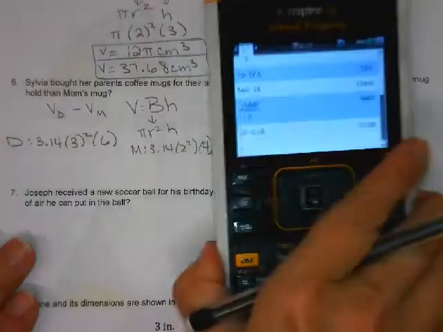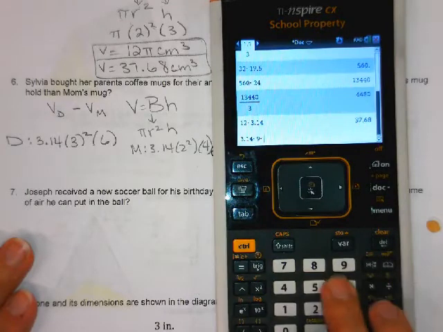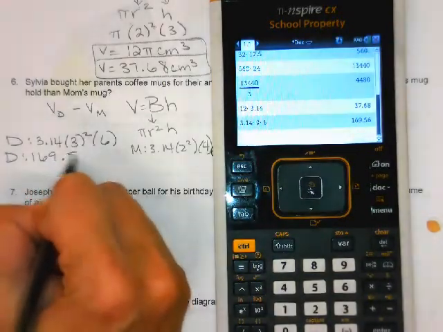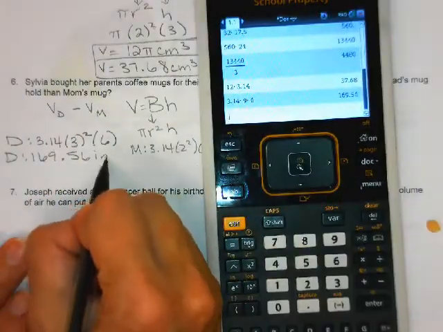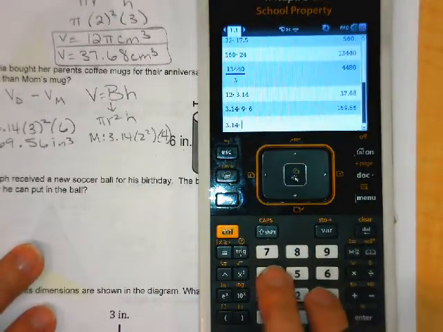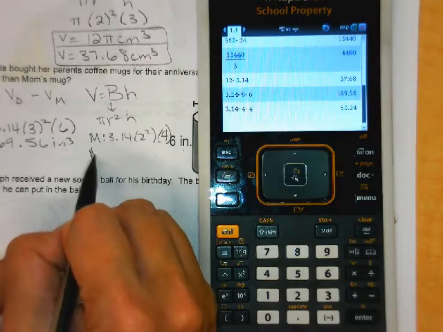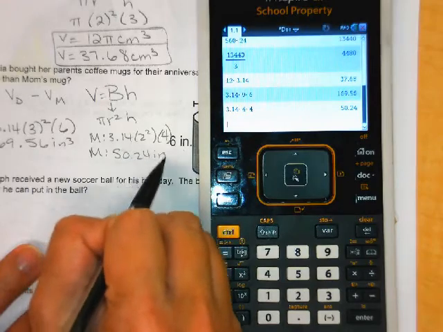So we can go over here. 3.14 times 3 squared is 9 times 6. So Dad is 169.56, and our units were inches cubed. Mom, 3.14, 2 squared is 4 times 4 is, Mom got shorted out there on her coffee, 50.24 inches cubed.